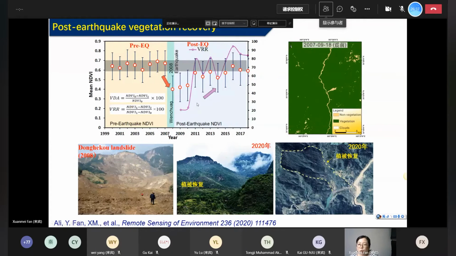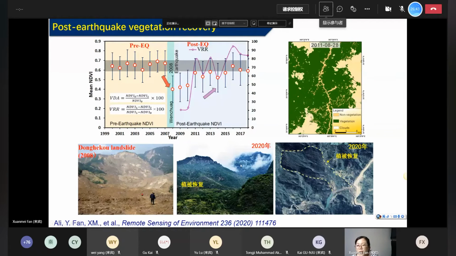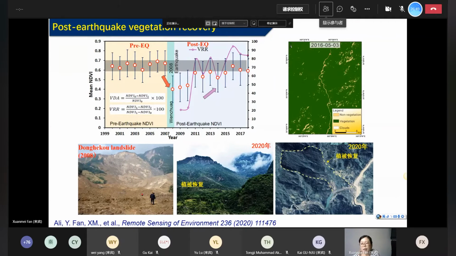But after the earthquake, NDVI values increased gradually, and now about 85% of the region has been recovered by vegetation after the earthquake.